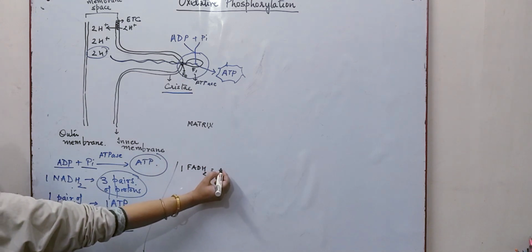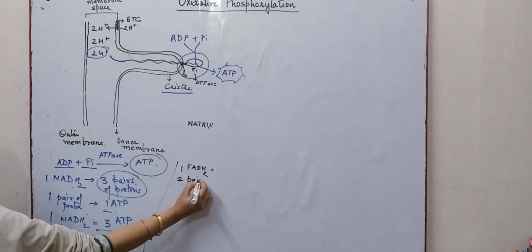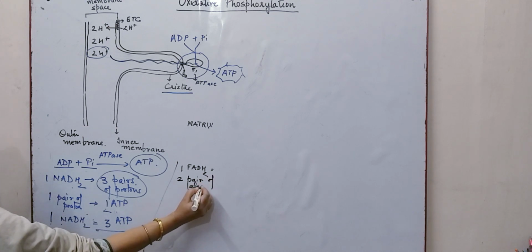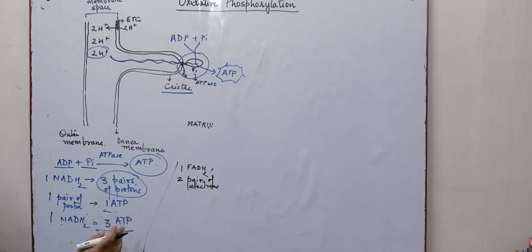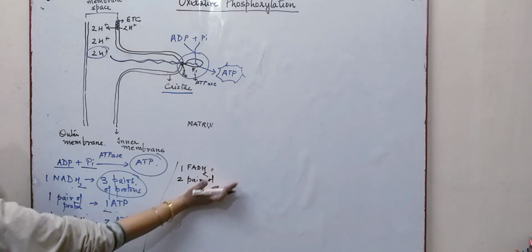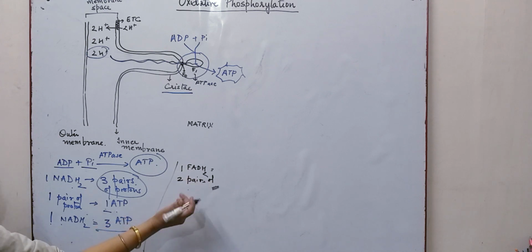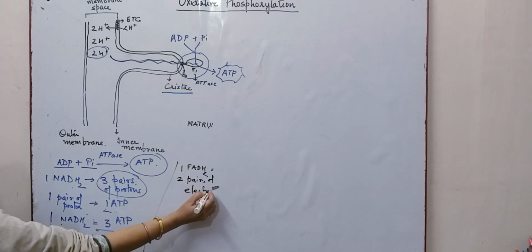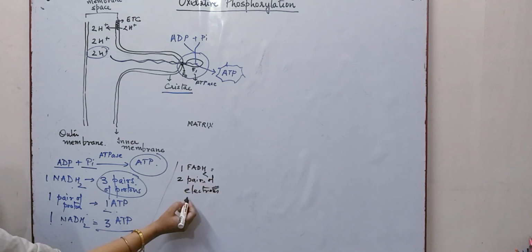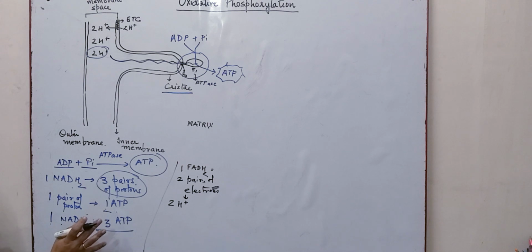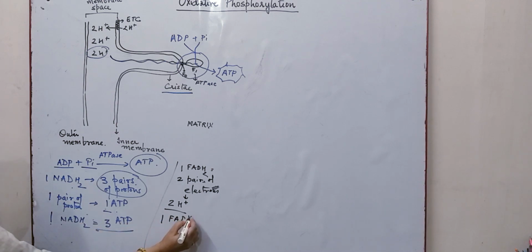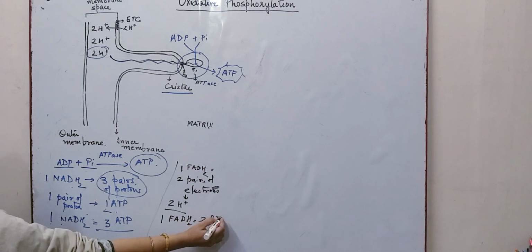So it produces only two pairs of electrons, and as a result we know two pairs of protons will be produced. Two pairs of electrons pass through the electron transport chain, and as a result two pairs of protons are produced. So we have two pairs of protons, and they also will release energy in the form of ATP, and that means 1 FADH2 is worth 2 ATP.